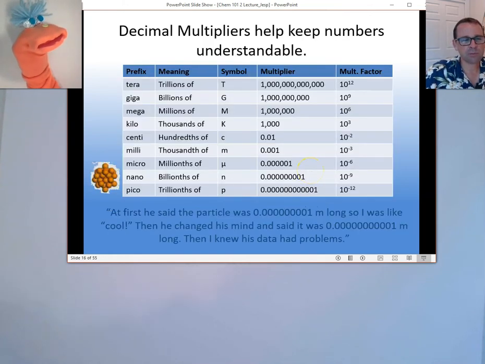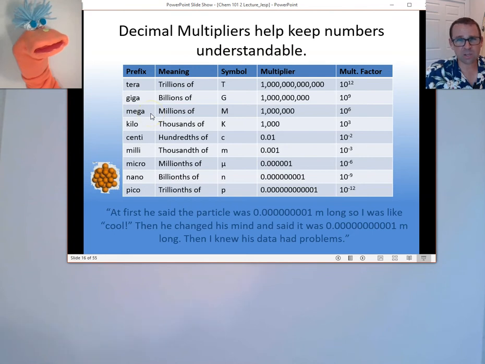Another thing that we want to become familiar with is what we call multipliers, decimal multipliers, or these prefixes, okay? They save us a lot of time. So for example, if at first he said the particle was this big, and then he changed his mind and said it was that big. Well, to express this value, 0.000000001, people wouldn't be able to hear you very well.